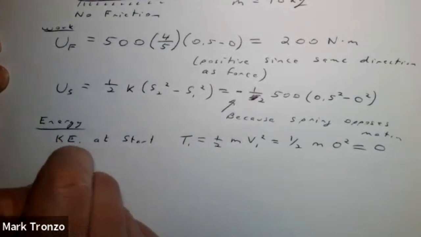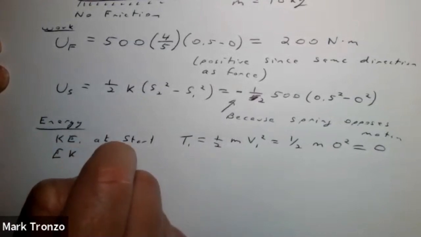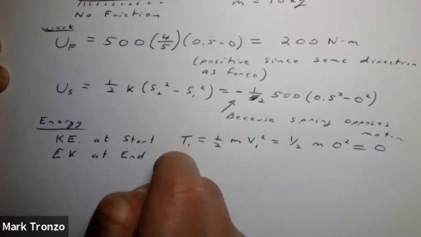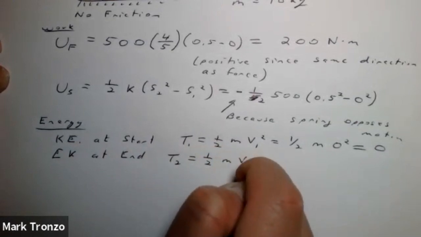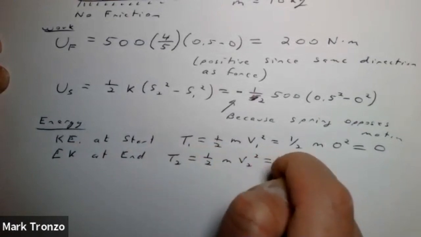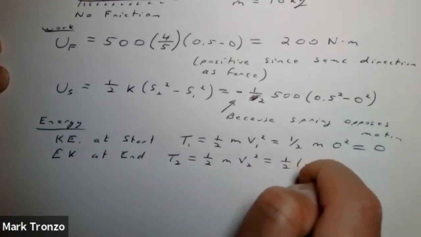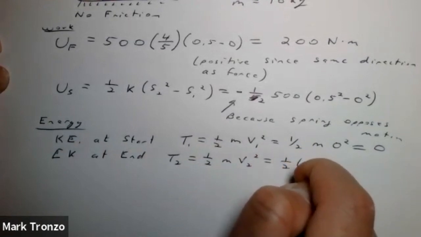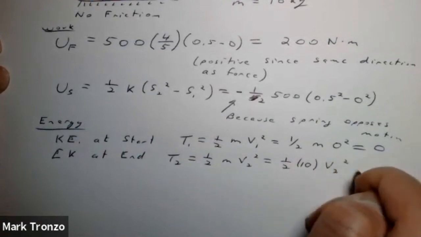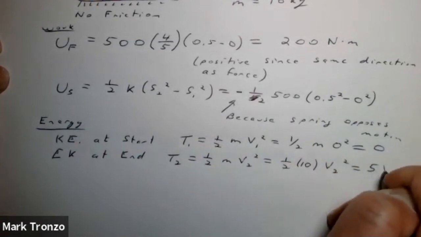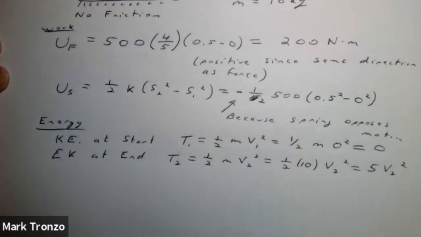The kinetic energy at the end is T2, 1/2 m v2 squared, which is 1/2 times 10 times v2 squared. So it's going to be 5 v2 squared.